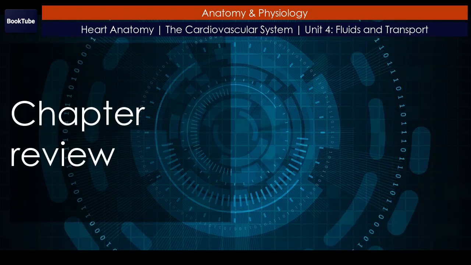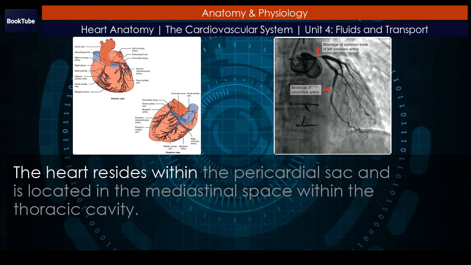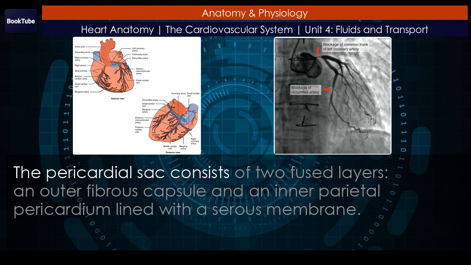Chapter review. The heart resides within the pericardial sac and is located in the mediastinal space within the thoracic cavity. The pericardial sac consists of two fused layers, an outer fibrous capsule and an inner parietal pericardium lined with a serous membrane.